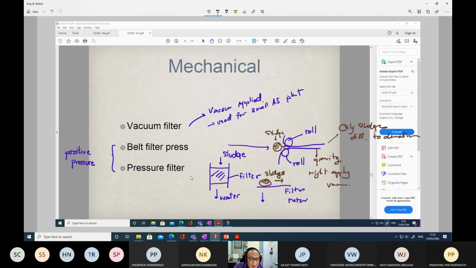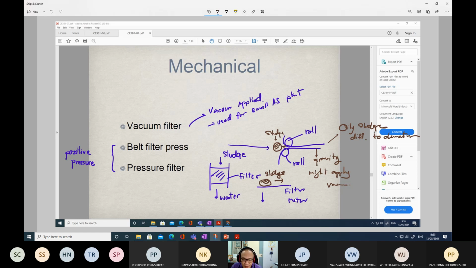For the pressure filter, the sludge is applied onto the filter. The sludge will remain on the filter while the water passes through. Then we apply the pressure here so that water can move down while the sludge becomes more and more dry.